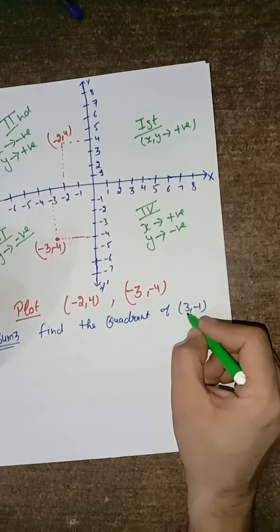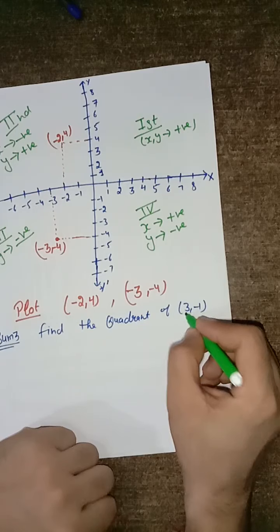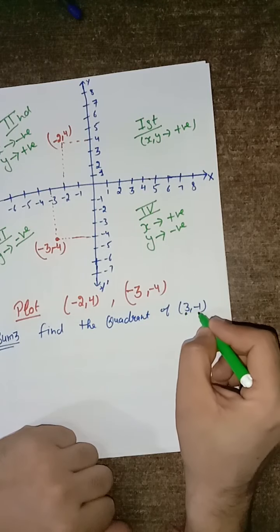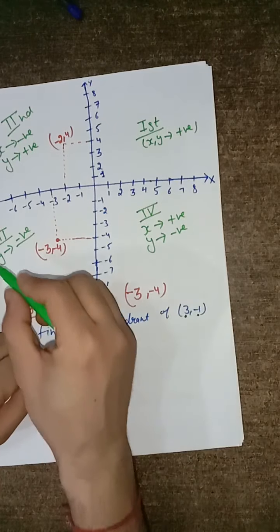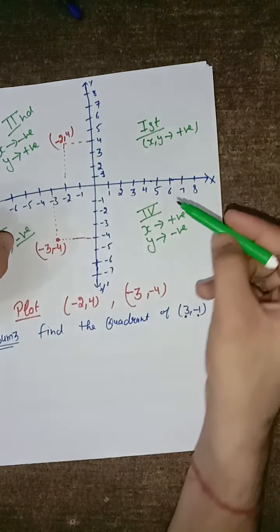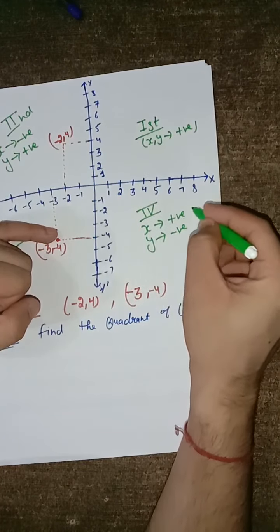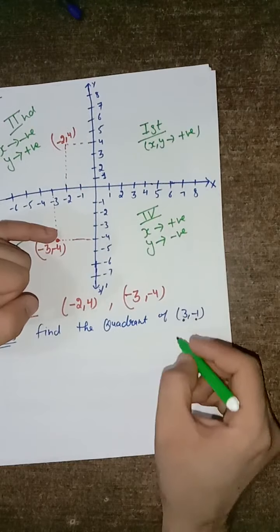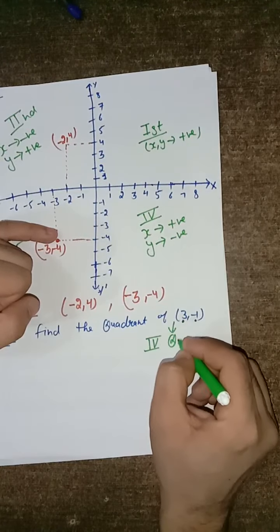Now check here, x coordinate is positive and y coordinate is negative. It means x is positive and y is negative. Here in fourth quadrant, my x is positive and y is negative. So this point lies in fourth quadrant.